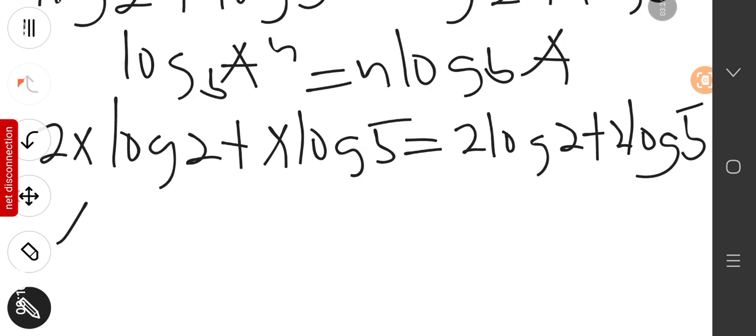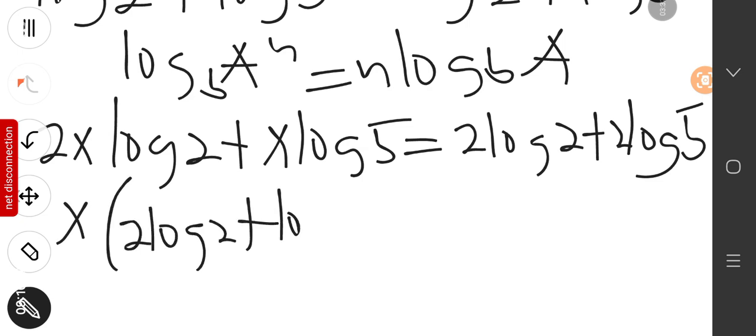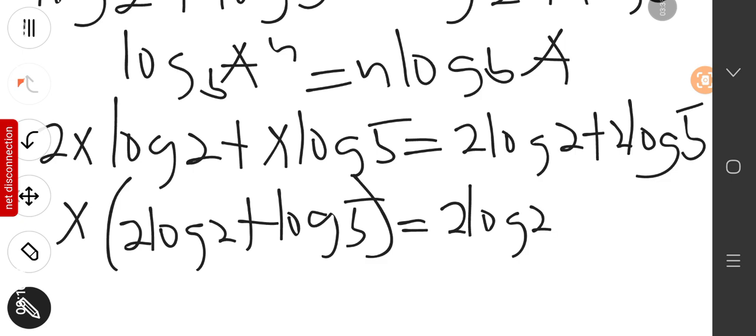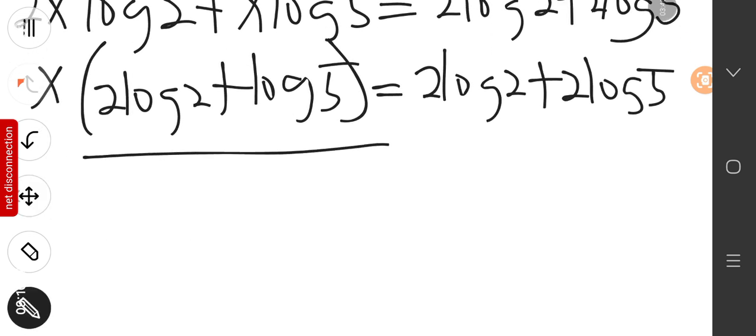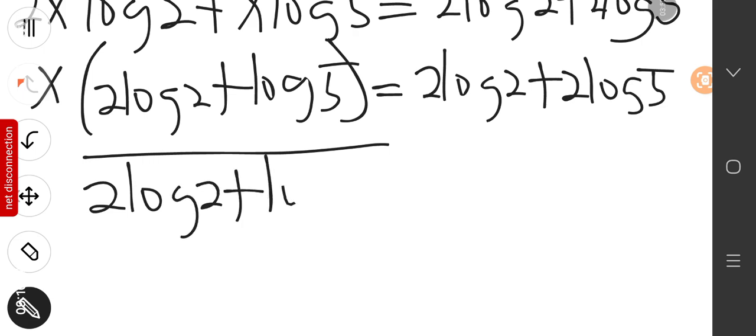So x comes out and we have x(2 log 2 plus log 5) equals 2 log 2 plus 2 log 5.